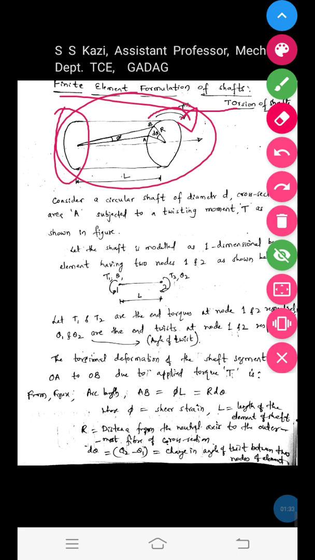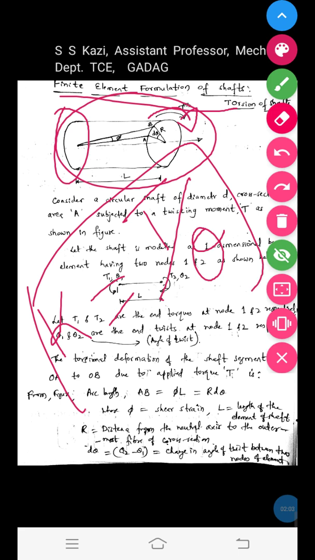We know that in strength of materials, torsional stiffness is defined as the maximum torque or twisting moment required to produce unit angle of twist. That is, torsional stiffness K is the maximum amount of torque or twisting moment which is required to produce unit angle of twist in the shaft.